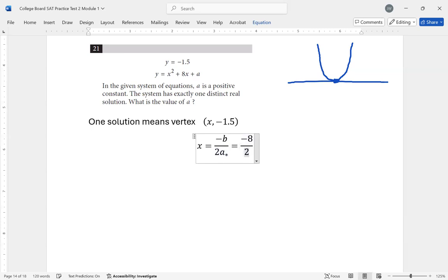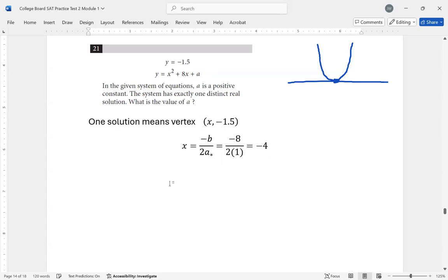So 2 times 1 is what we're dividing by. So that means the vertex is going to have x value of negative 4 and y value of negative 1.5. Knowing that, that means this point of negative 4, negative 1.5 is going to be on the graph here.